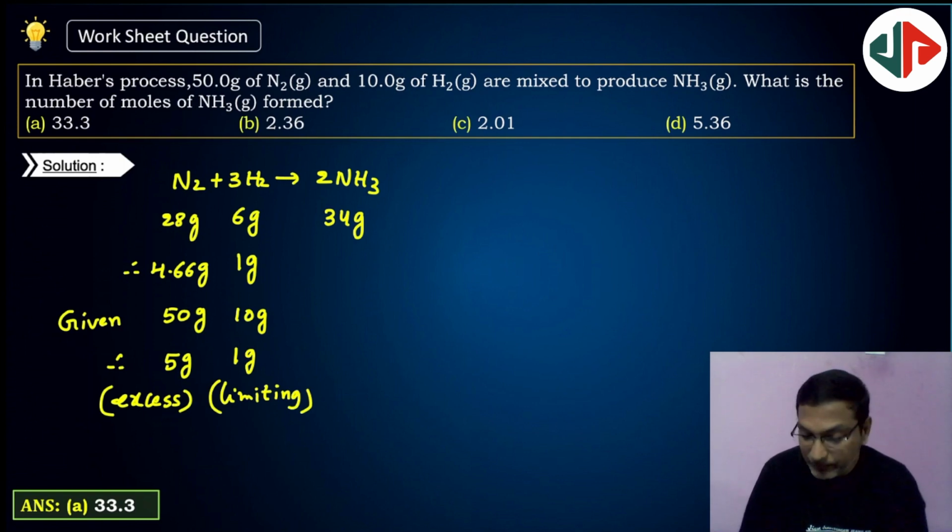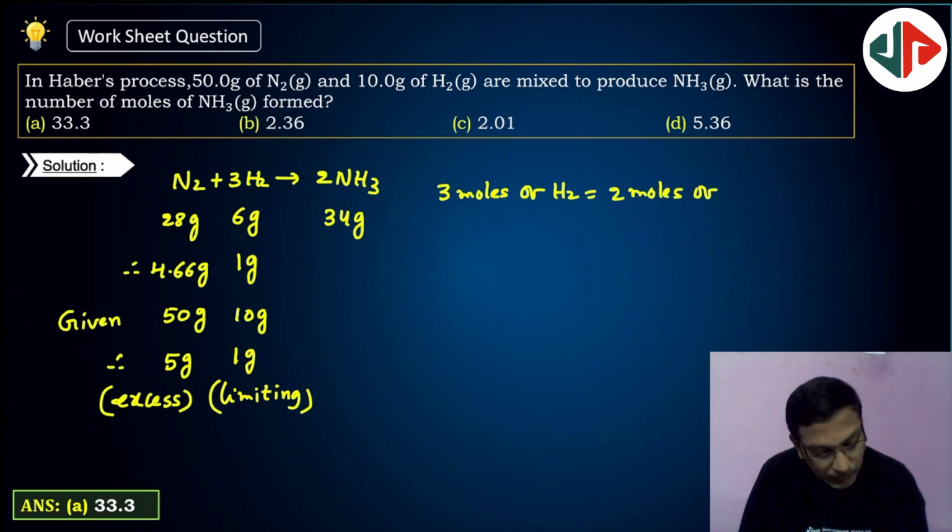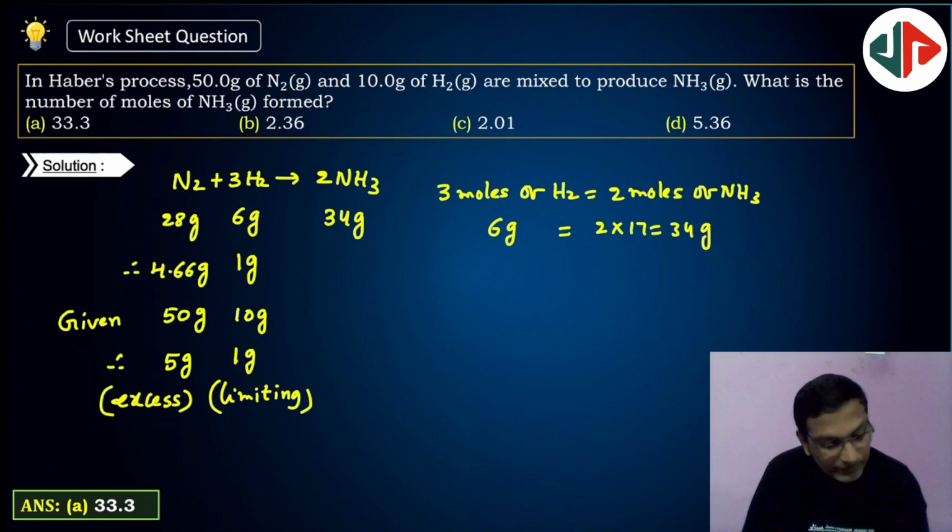That means 3 moles of H2 is equal to 2 moles of NH3. That is, 3 moles means 6 grams will be equal to 2 into 17, which is 34 grams. So here we are taking H2 10 grams. 10 grams will give, say, X grams.